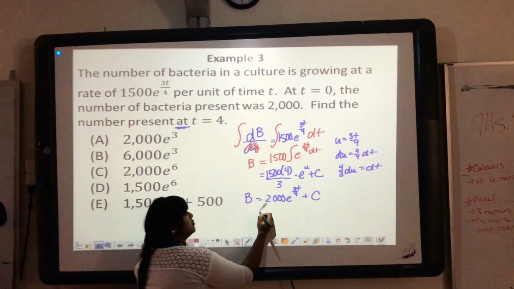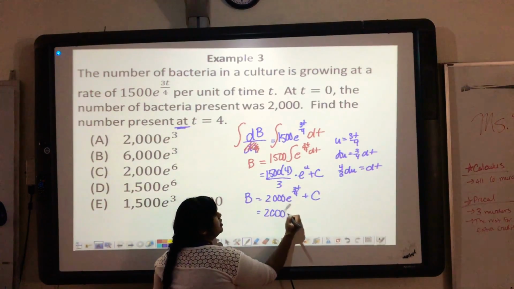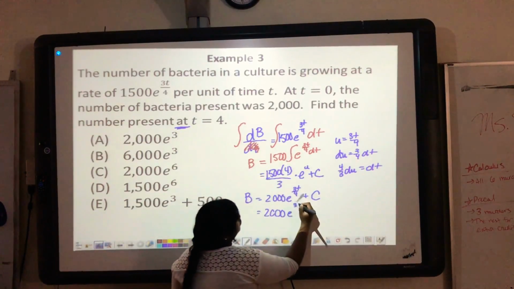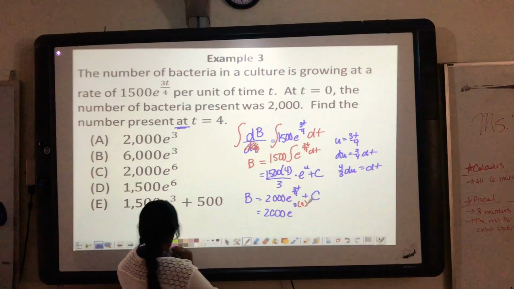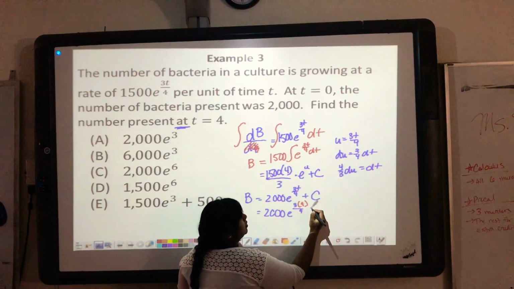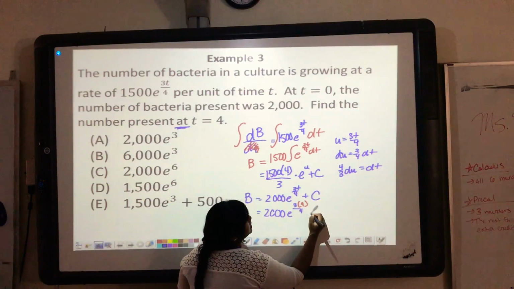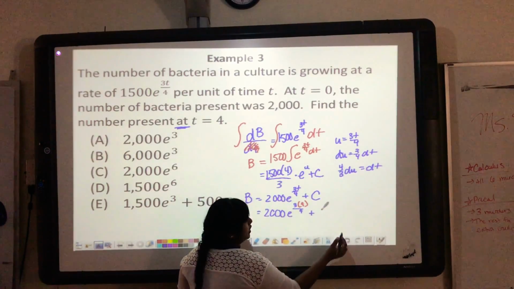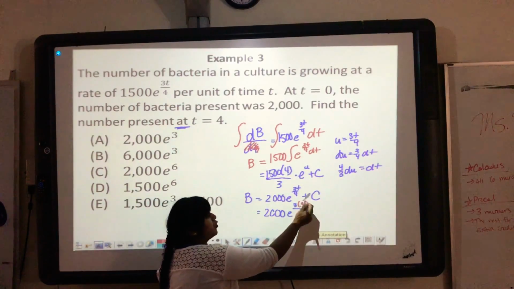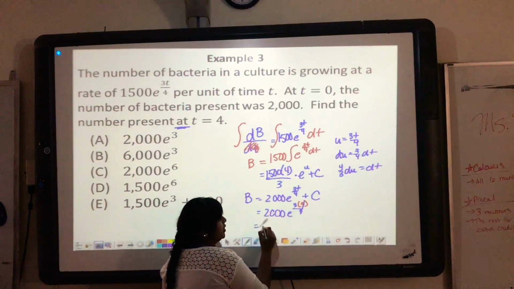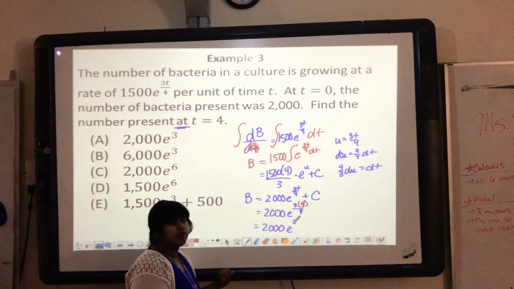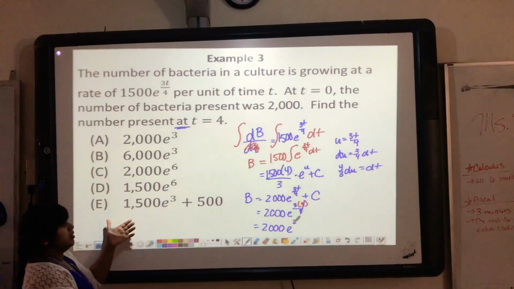So this becomes B is equal to 2,000 e to the 3 times my t value 4 over 4. Oh, we're not going to do that plus c anymore because we're actually plugging in a value. My apologies. So 4 over 4 is going to cancel out, so I'm just left with 2,000 e cubed. Do we have that answer anywhere?